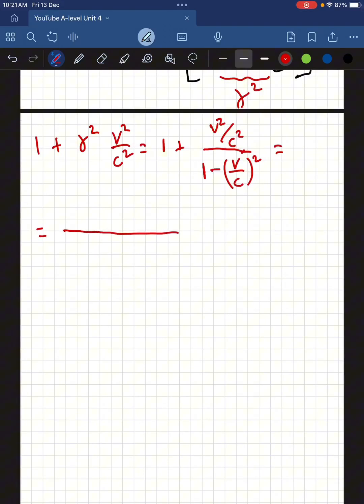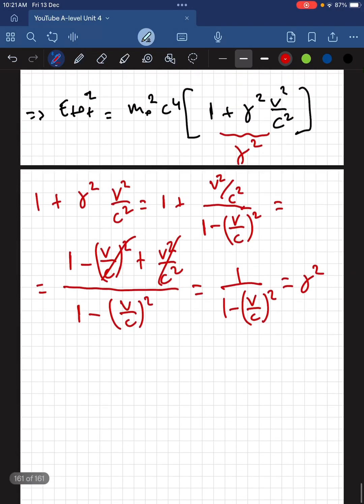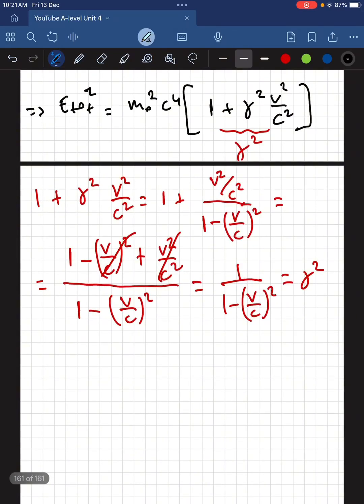So if I cast this into having a common denominator, I get this, and then 1 minus (v over c) squared plus v squared over c squared. This cancels, so I get 1 over 1 minus (v over c) squared, which is equal to gamma squared. Okay, so I'm going to plug this in there.